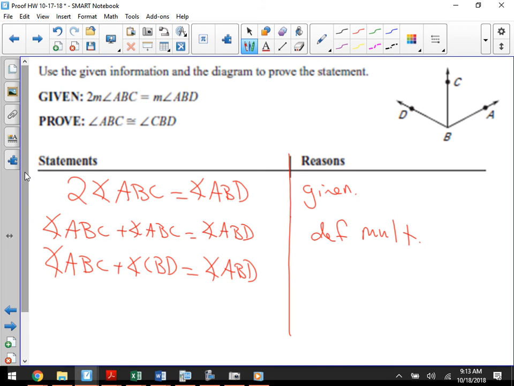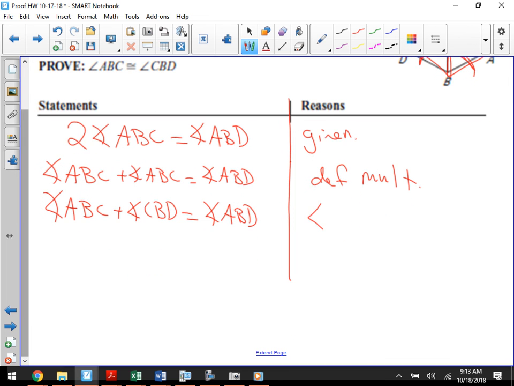All I'm doing here is looking at my diagram. I know that this one plus this one equals the whole thing. What did we do? Angle addition: you're adding two angles together to equal the larger.